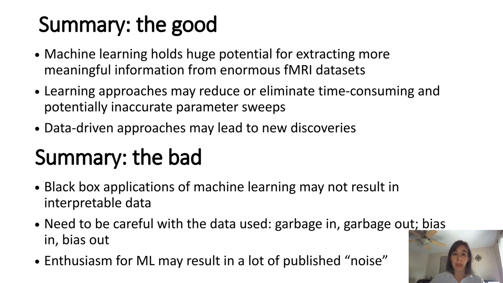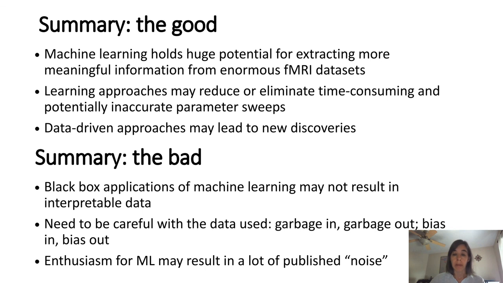Of course, there are always bad things to go along with the good, and I think it's important not to do just a black box application of machine learning, where you may not get something that you can interpret. I'm sure other people will talk about the need to be careful with the data. If you put junk in, you're going to get junk out.